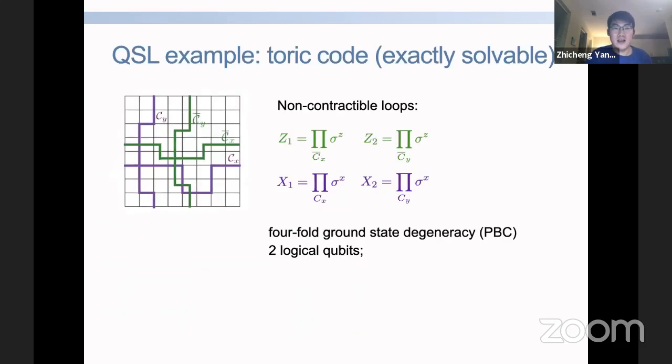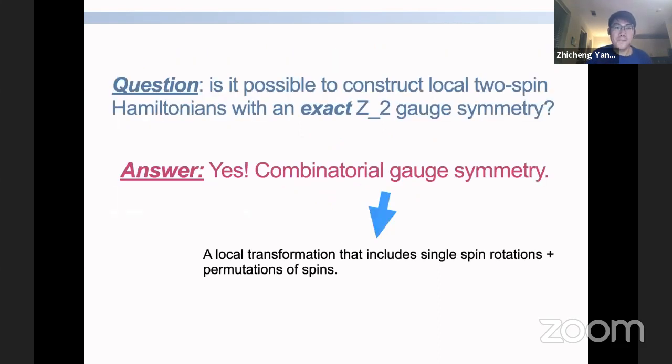Okay. And then, of course, when you put the Charry-Colt model on the torus, it turns out that the A's and B's are not all linearly dependent, and there's a fourfold ground state degeneracy. And then you can construct loop operators on non-contractible loops that toggle between the different ground states.